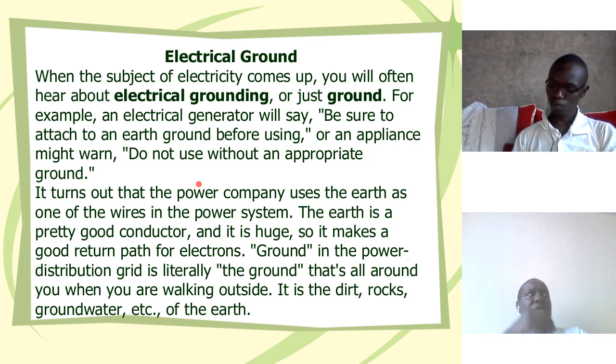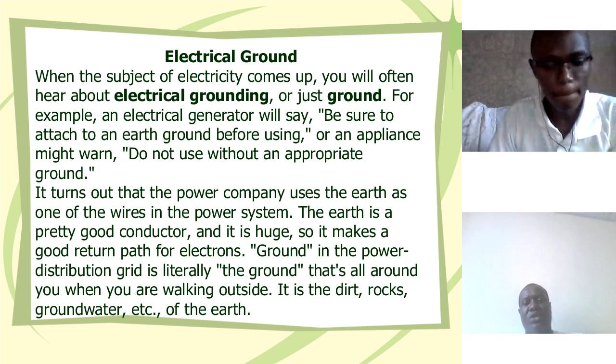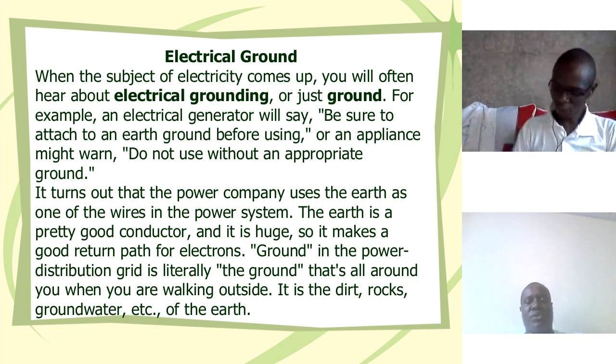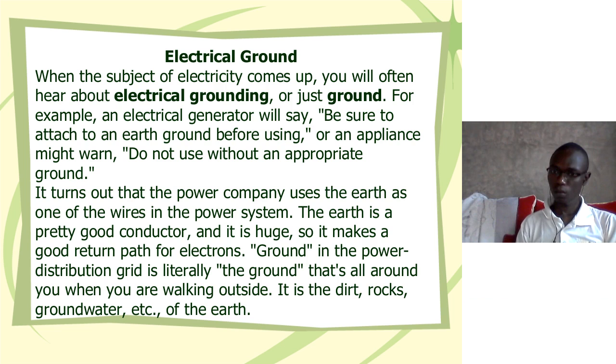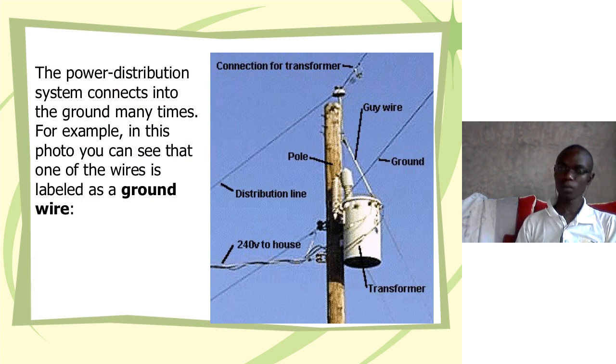In your house, in the living room, there are always neutral wires that ensure excess electrons are passed to the ground. On those electric poles outside, you'll always see a wire pushed into the ground, maybe 3 or 4 meters down, just to ensure that excess electrons can easily be passed to the ground. That's what we call electrical ground.